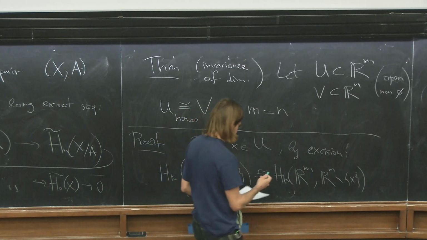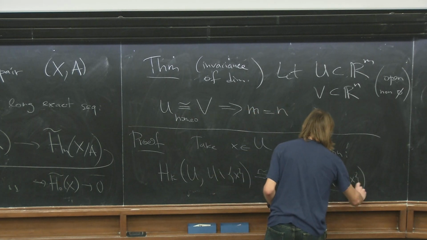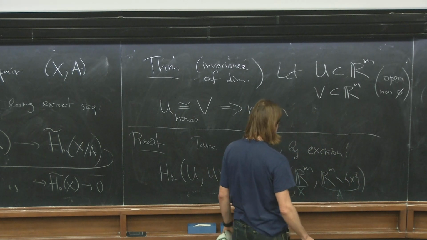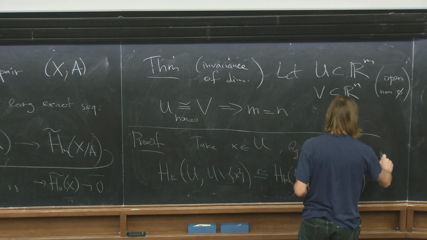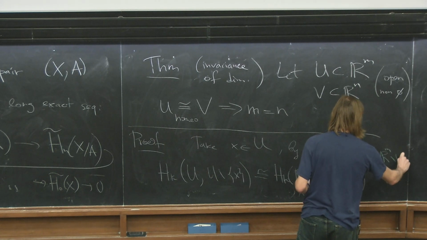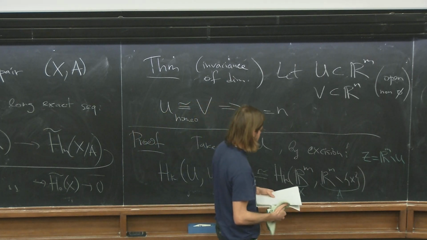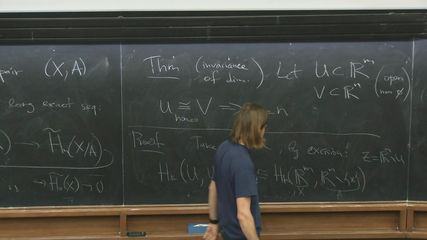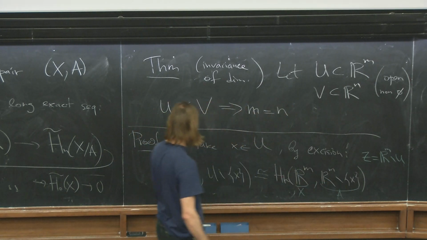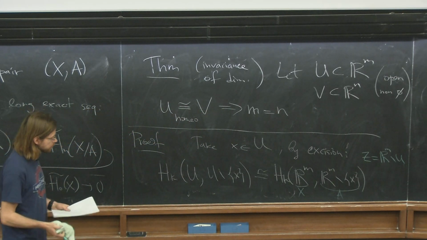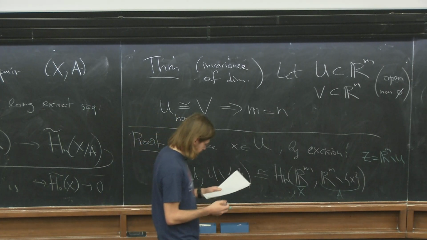You consider the triple where this is your X, and this is your subspace A in X. What you want to excise is Z, which is the complement of U in Rm, and the closure of Z is included in A. If you excise Z from each of them, you get X minus Z and A minus Z, which is what we have on the left-hand side.